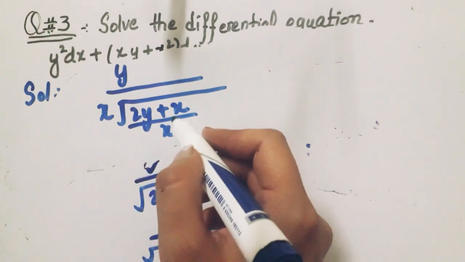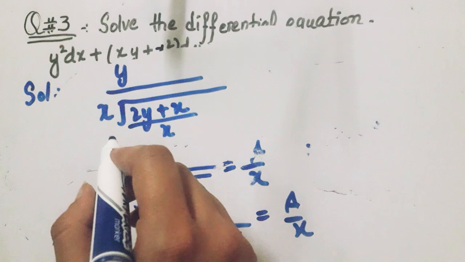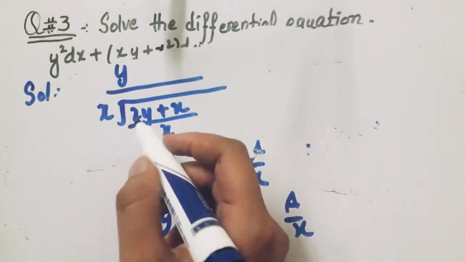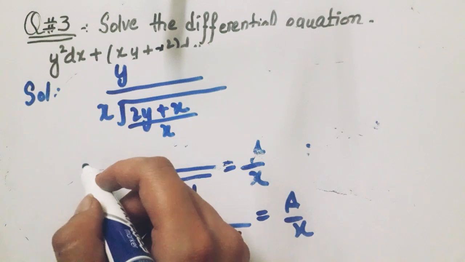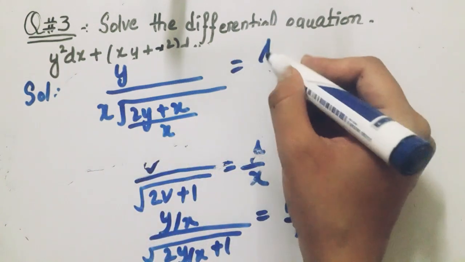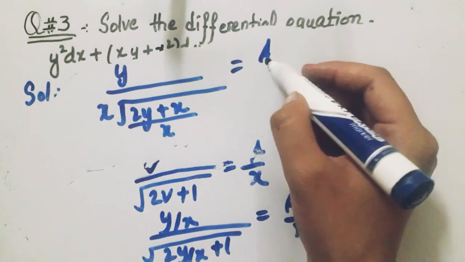By taking the square on both sides, we will get this is equal to a by x.